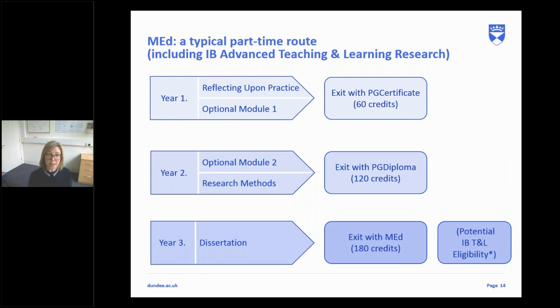But you can see there, year 1, you have the Reflecting Upon Practice module plus an optional module that will give you 60 credits. Year 2, you will have the second optional module plus the core of research methods to lead to 120 credits. And then year 3 is a 60 credit double credit dissertation, which will enable you to obtain 180 credits.